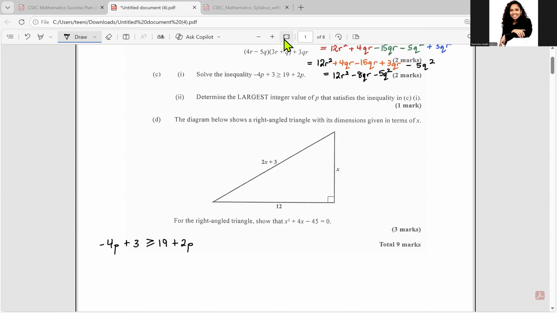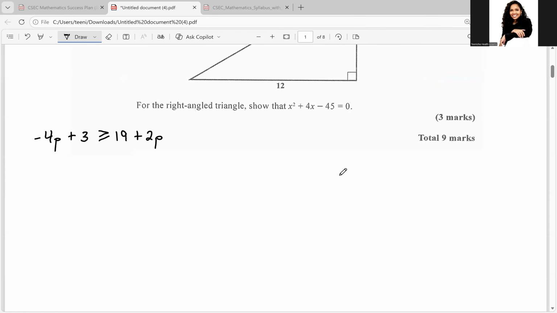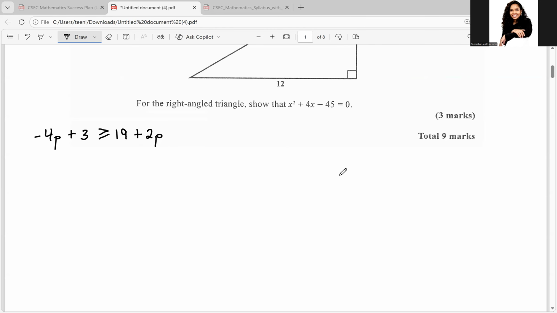Okay. So when you are solving an inequality, guys, you solve it exactly as you would a regular equation. The only thing that is different is if you are dividing or multiplying by a negative number, the inequality is reversed. So instead of greater than or equal to, it'll become less than or equal to. That's the only difference when you are solving an inequality versus solving an equation.